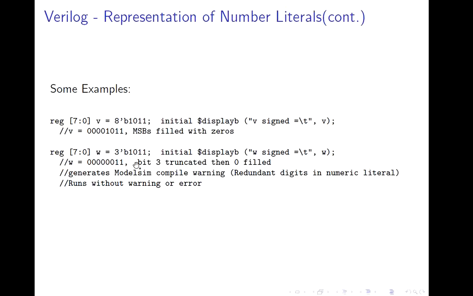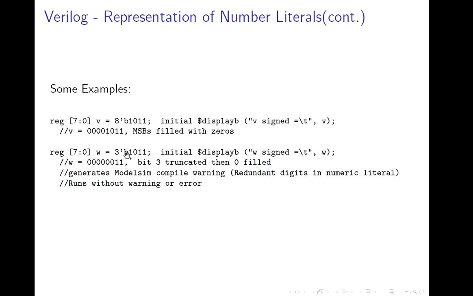You can see over here that bit 3 is truncated and then filled. There is a reason why this particular case is happening. I'll try to take up this aspect when I take up a simulation. This is a very particular case with respect to the Verilog language. Why, after appending, is the first bit truncated?